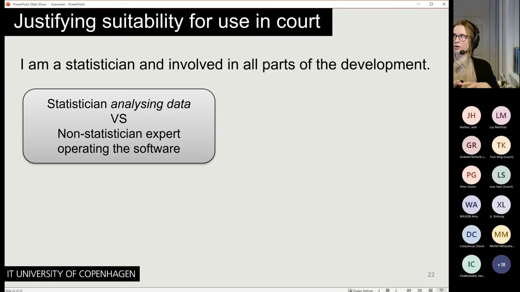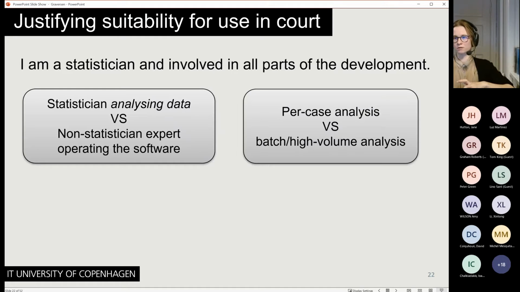Another way of putting it is there's also a huge difference in what I would do getting this kind of per case analysis. I don't get cases all the time, but for instance, Eurofins do. So they have this high volume turnaround.